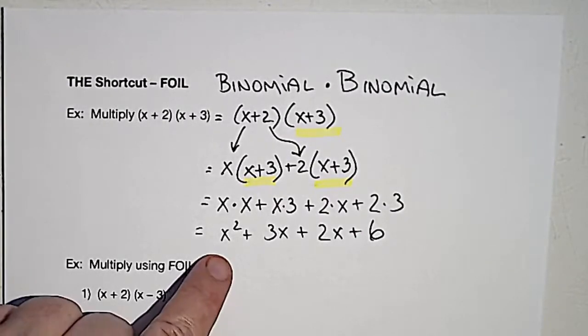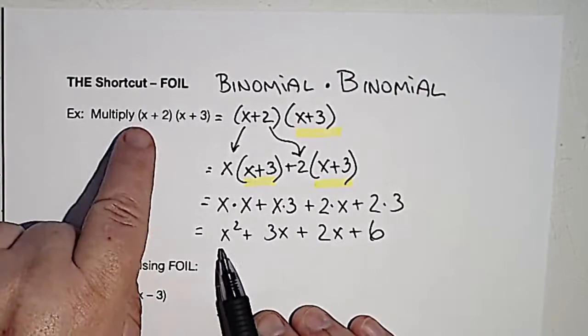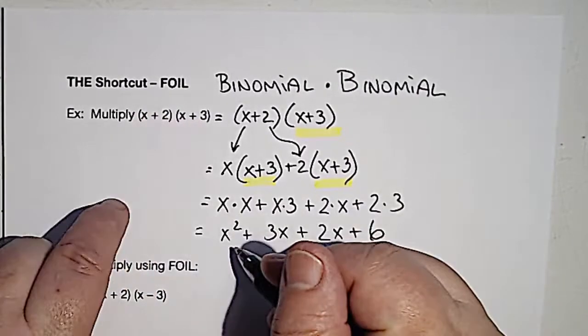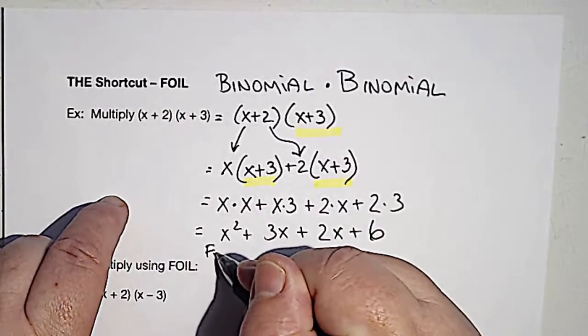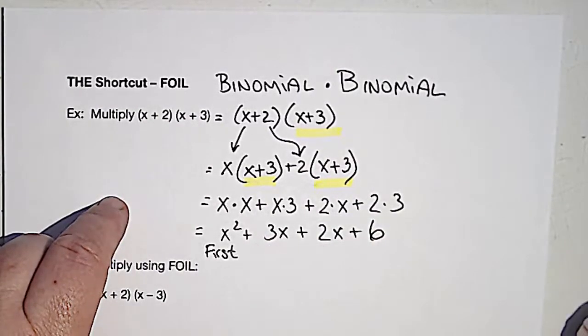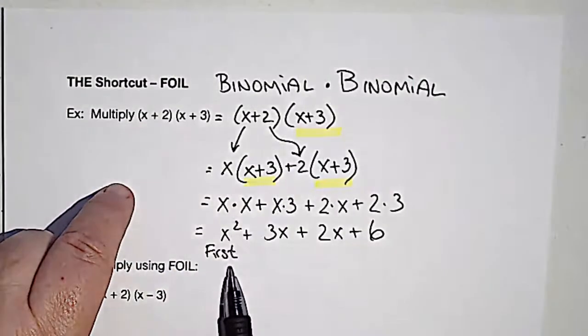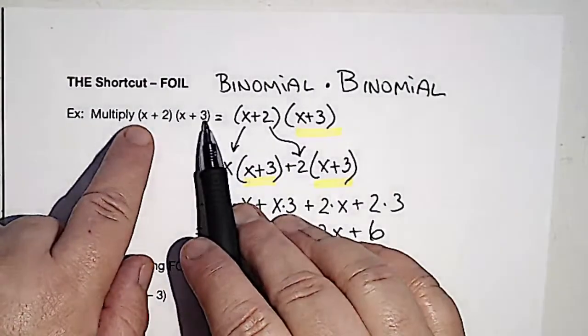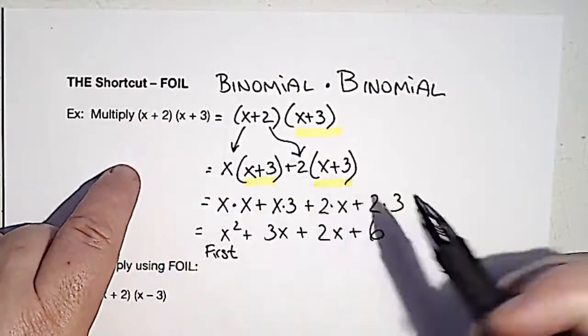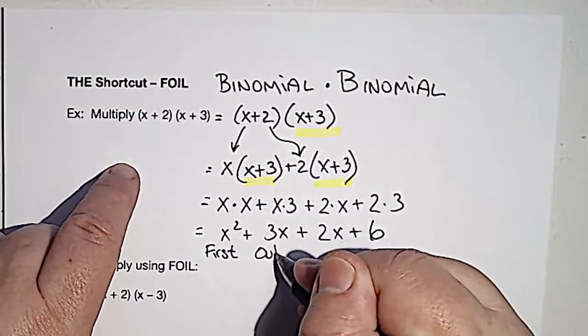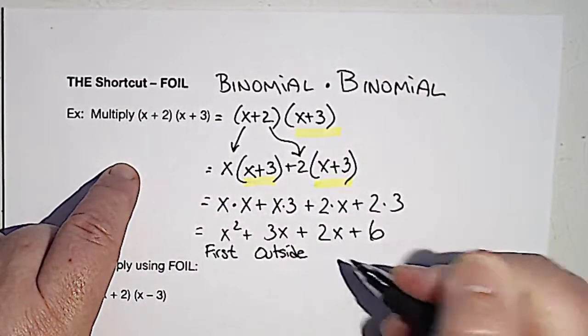And what someone realized was, wait a minute, x squared is the first. What do I mean by first? It's the two x's, they come first. And the 3x, well, that came from the outside or the outer. And different people have different words for it.